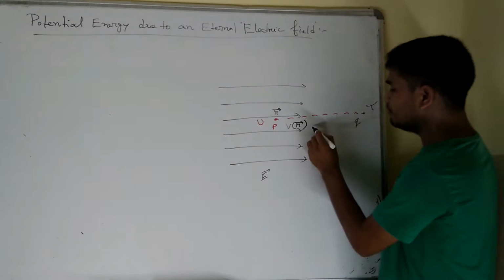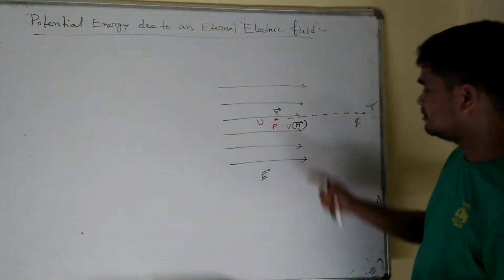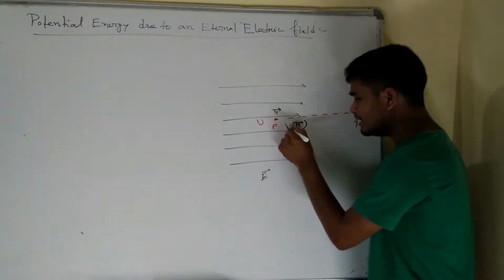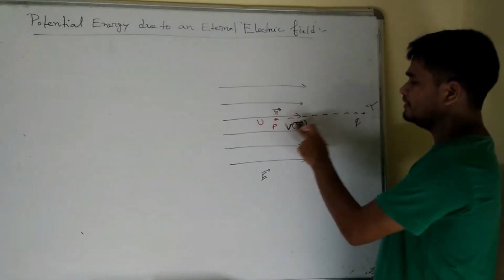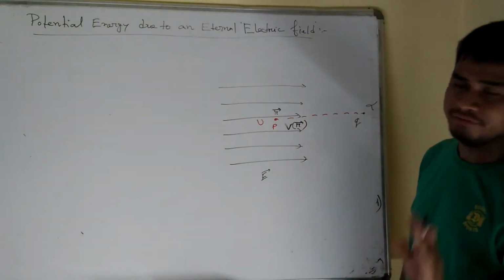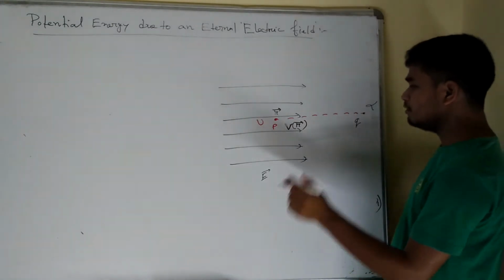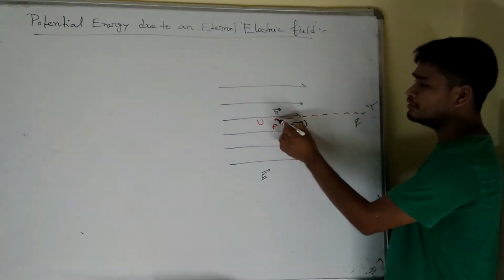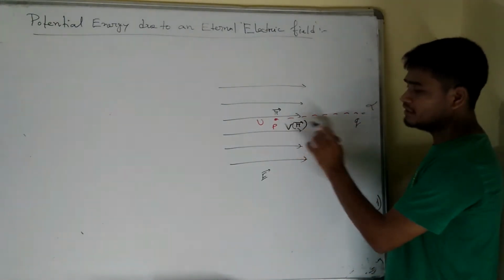We do not need to find the value of V(R). Only the potential at point P is V(R), where R is the position vector. Now we have to bring this charge from infinity to point P, where the potential is V(R).